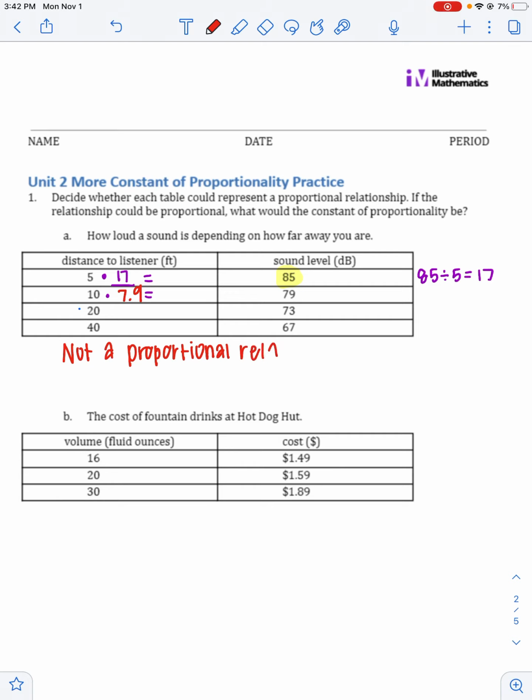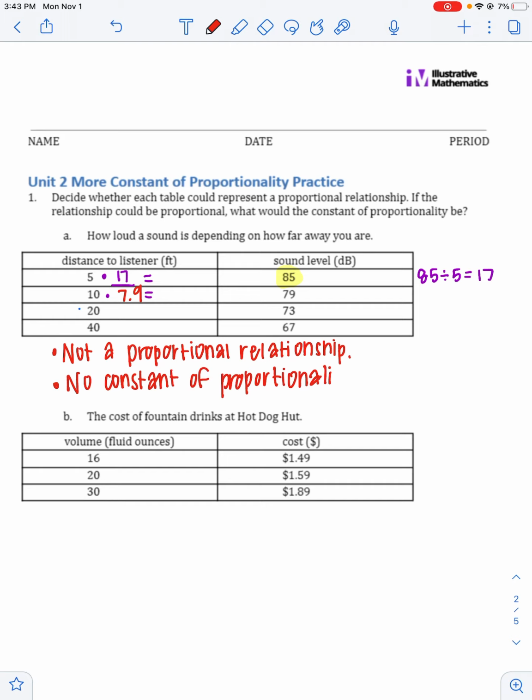Or in other words, there is no number that I am multiplying all of these numbers by to get these numbers. There is not a proportional relationship. There is no constant of proportionality.